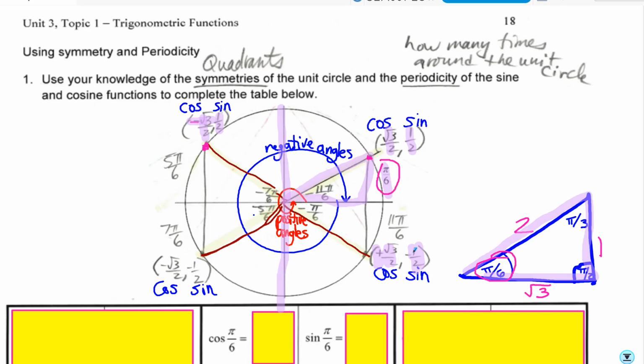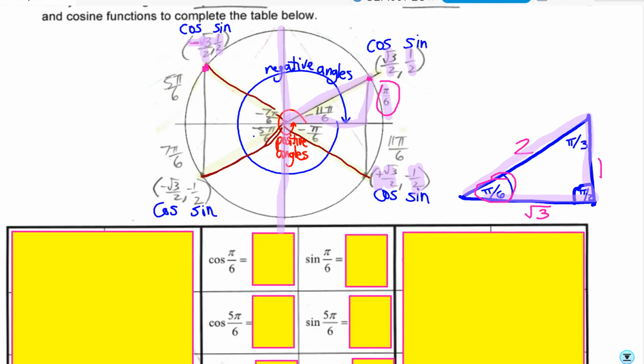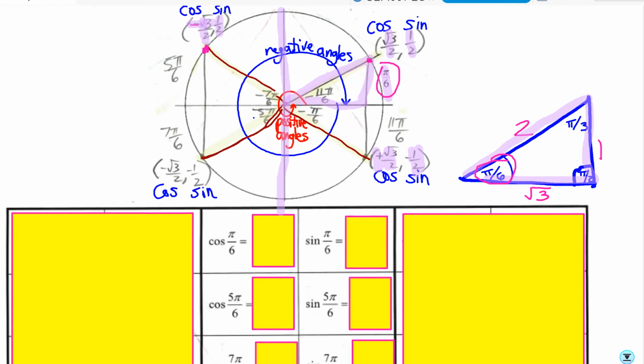So depending on where our special right triangle is reflected to, that will determine what our sine and cosine is. So looking at our unit circle with only the 4 triangles, I'm going to start with the middle calculations, and basically I am just reading the values off of my circle.